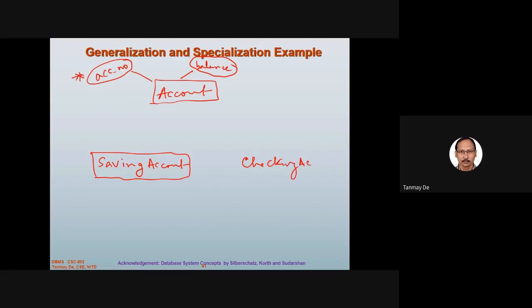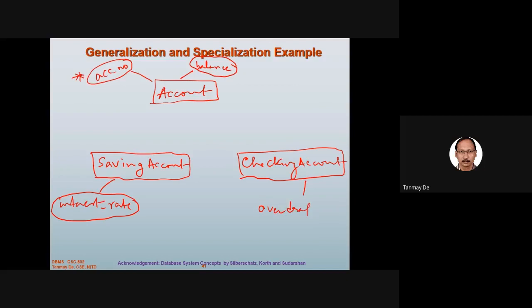The savings account has the descriptive attribute interest rate, and checking accounts have another attribute, not the interest rate, the overdraft amount. You can see the savings accounts also have the account number and balance, and as well as the checking accounts also have the account number and balance.